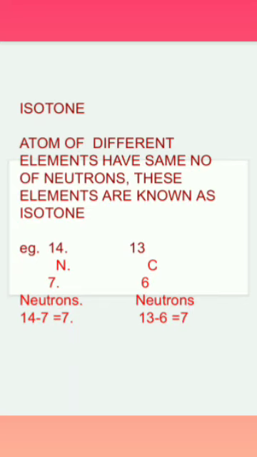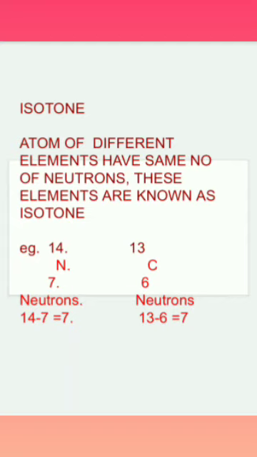For example, nitrogen atomic number is 7, mass number is 14, and carbon atomic number 6, mass number 13. So here, how to find the neutrons? Mass number minus atomic number, we get the neutrons. For nitrogen, mass number is 14, atomic number 7, so number of neutrons is 7.